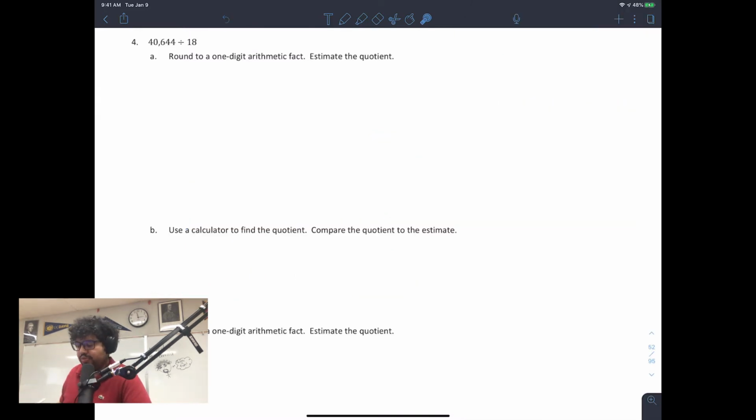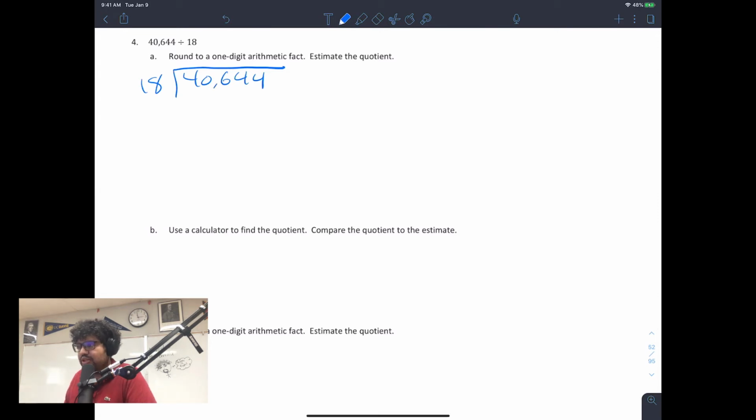Okay, let's go to number 4. Number 4, I got 40,644 divided by 18. But I have to round the numbers up or down so that I have even numbers. It's easier for me to estimate.